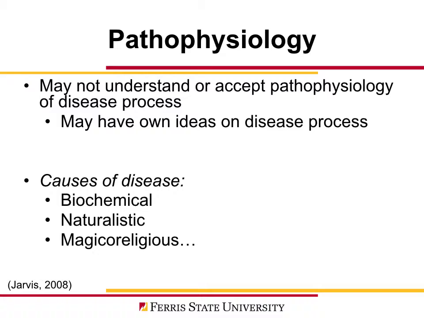That is bacteria, viruses, trauma that cause disease. There's a naturalistic view that looks more at the balance of energies, a holistic view of a person. And then there's the macro-religious view. That's the supernatural world. Voodoo is an example of this.